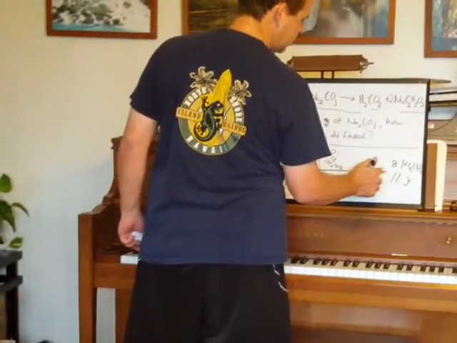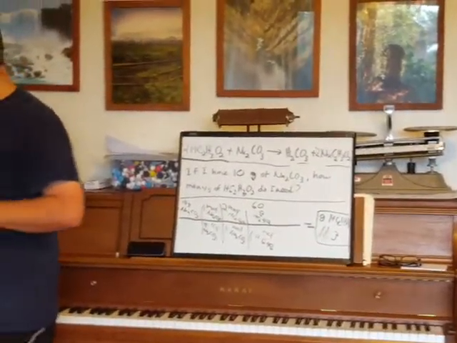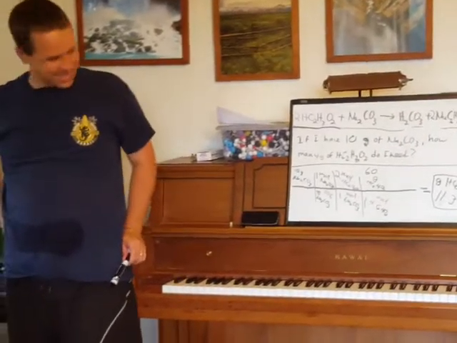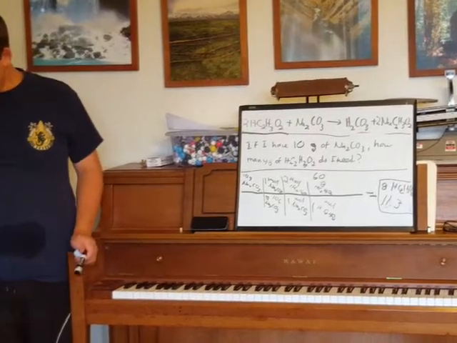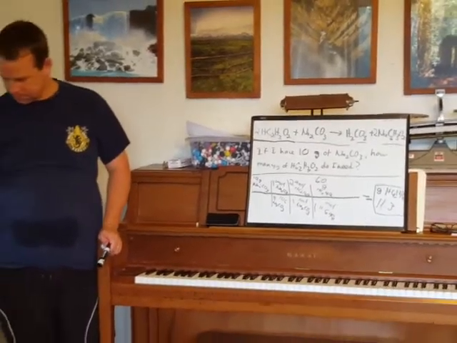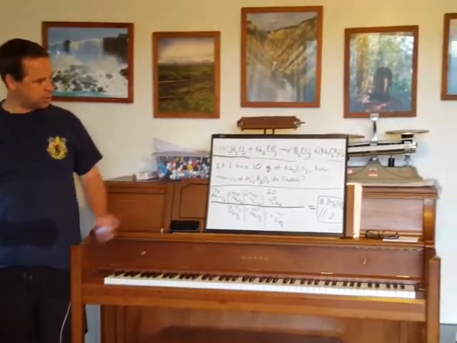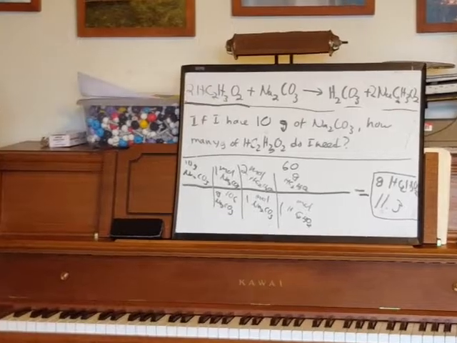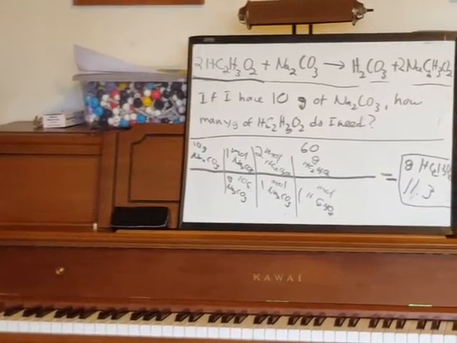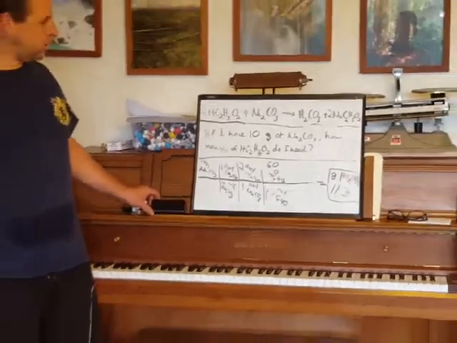What are the units? And divided by 106. Divided by 106, times 2, times 60, divided by 106, divided by 1. Okay. Very good.